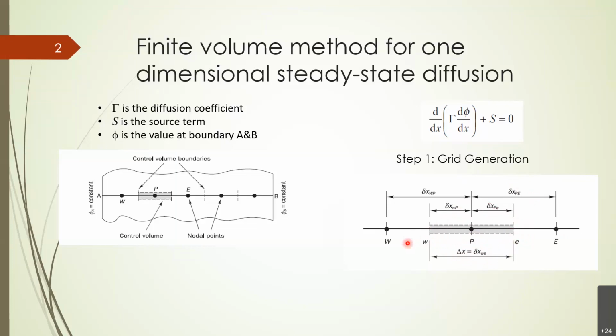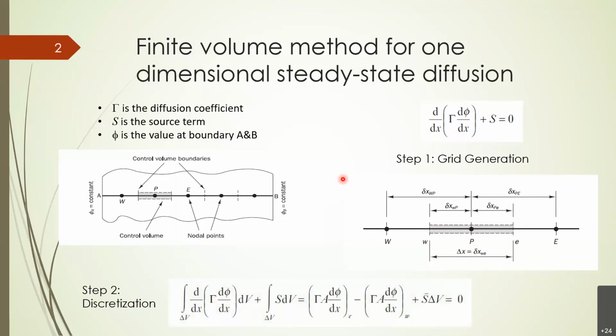So the next step is discretization, and we need to integrate over the control volume for the whole equation. As you can see here, this is the first part, integration over the control volume of d over dx, gamma d theta over dx, dV, plus the integration over the control volume of S dV.